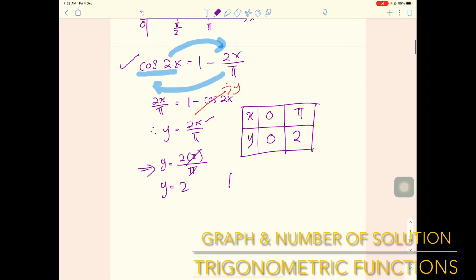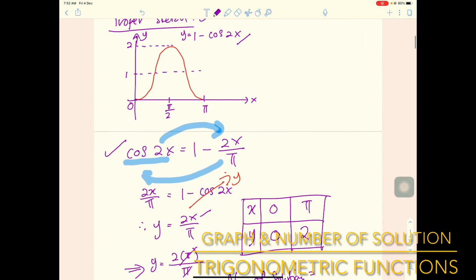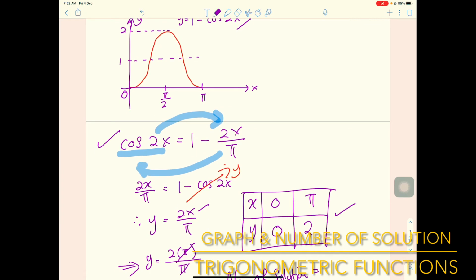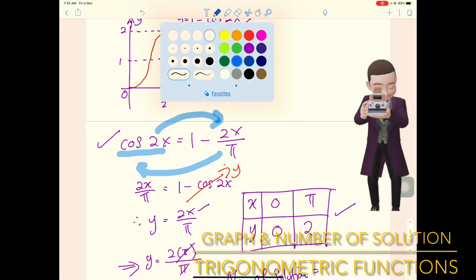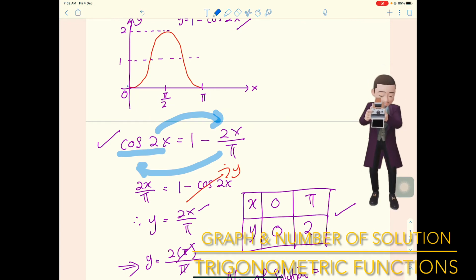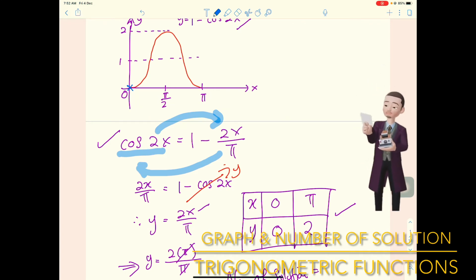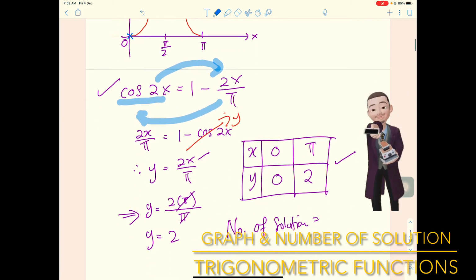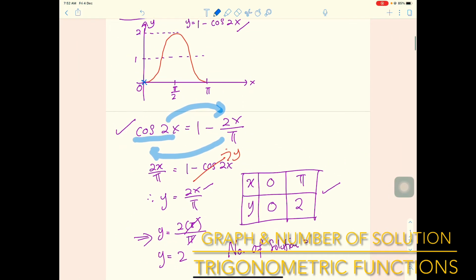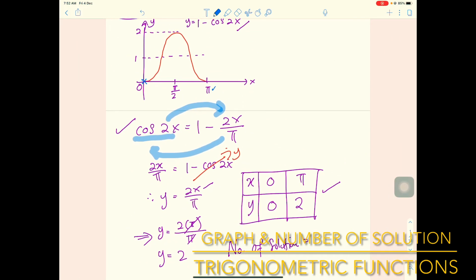So how do we find the number of solutions? We sketch the straight line. When x equals 0, y equals 0, so this is the line. Then if x equals pi, y equals 2.